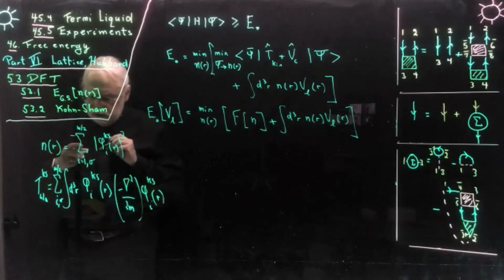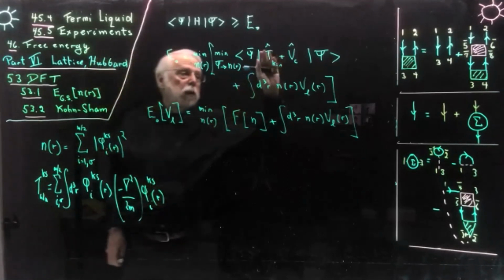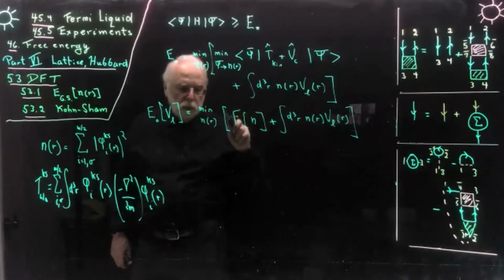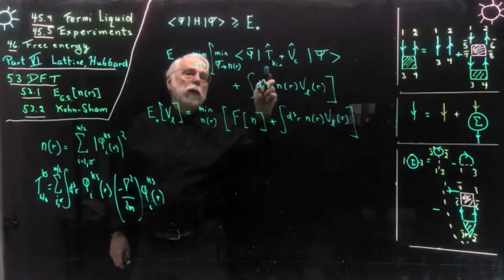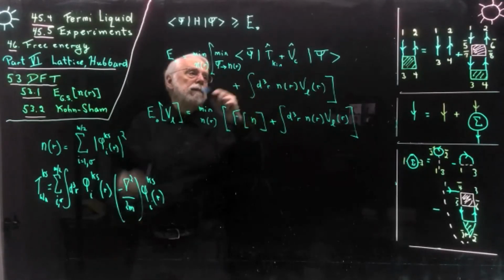So now the idea will be, I will show you how we approximate this object here. This is the whole problem, right? But we know its definition, right? F of n is just this.